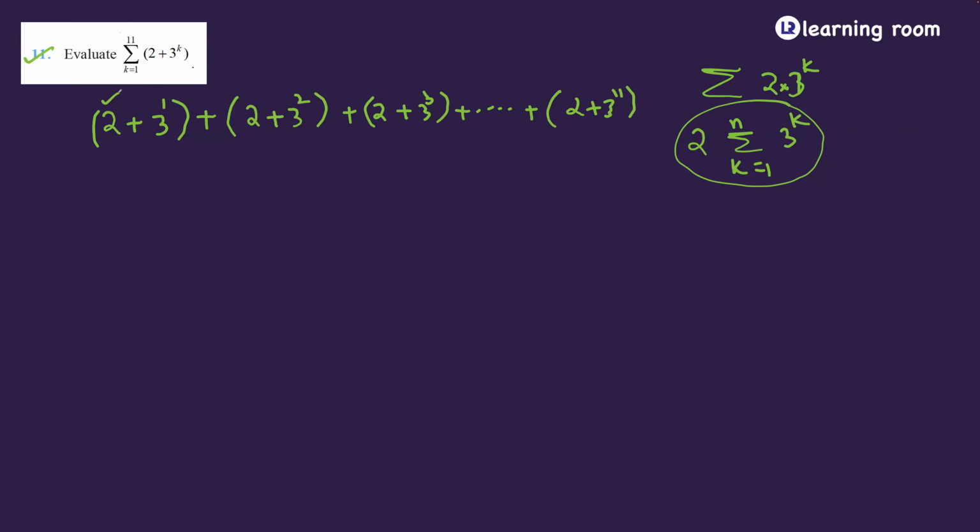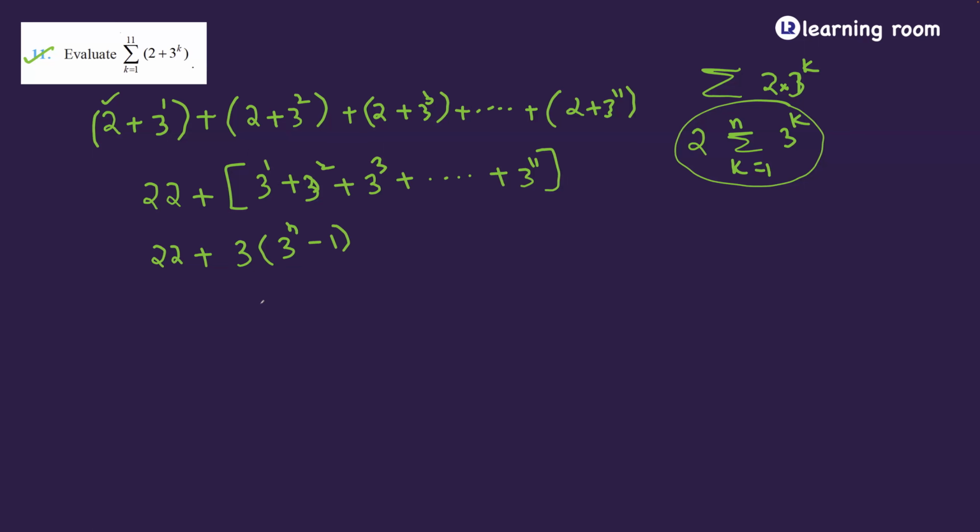So 2 will get added to itself how many times? 11 times. So it will be 22 plus 3 power 1 plus 3 square plus 3 cube plus so on till 3 power 11. So it is going to be 22 plus a into r power n minus 1 divided by r minus 1, that is 3 into 3 power n minus 1 divided by 3 minus 1.